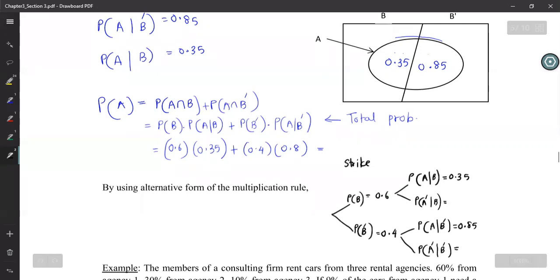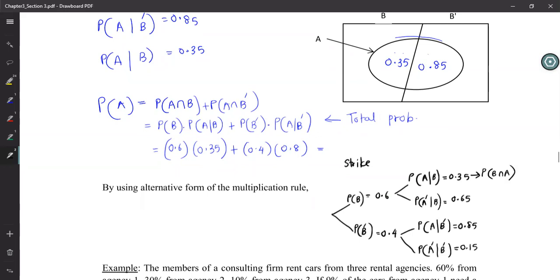How do you find this one? If you can remember, the total probability should be 1 in each branch. If this is 0.35, the rest should be 0.65. So 0.35, 0.65, total probability 1. If this is 0.85, this should be 0.15. Now you have 1 here, right? Now if you multiply along this path, what do you get? You get probability B and A. Can you remember?